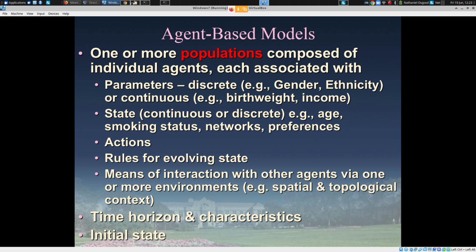So in agent-based models, we have one or more populations that are simulated, and they're composed of individual actors, or what we call agents.